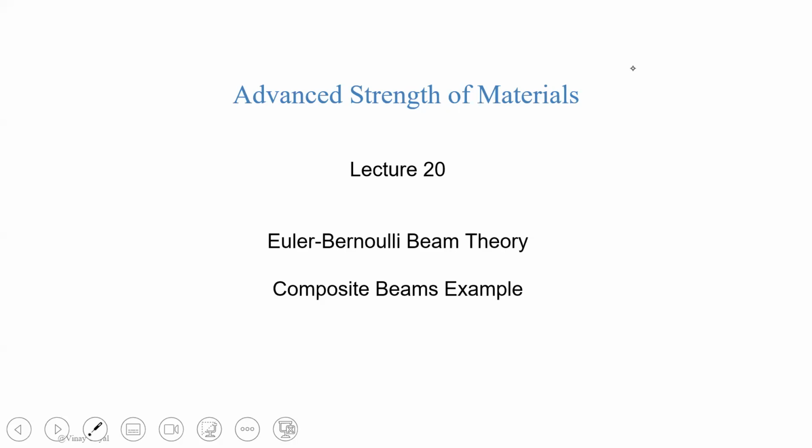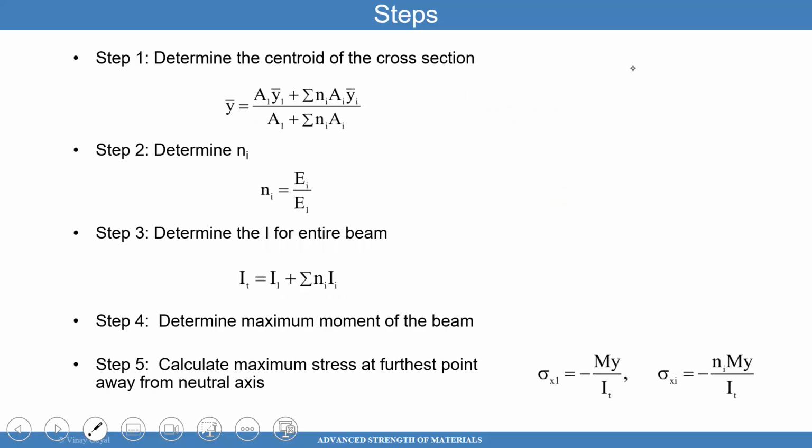So I'll step into a composite beam example now. Step one is to determine the centroid of the cross-section when I have multiple materials.